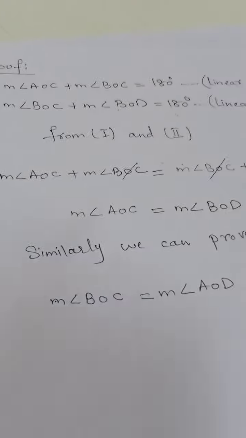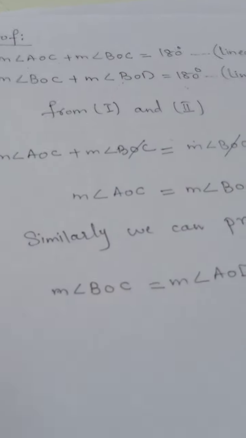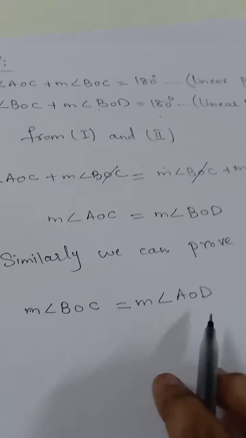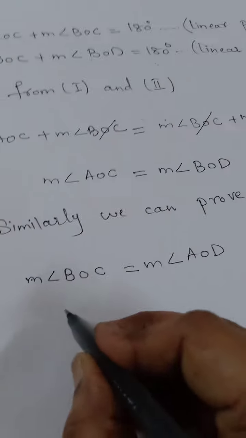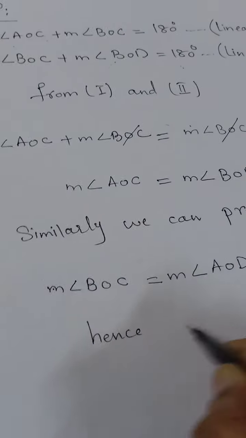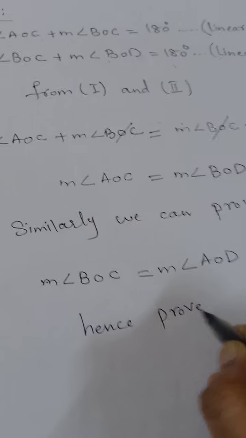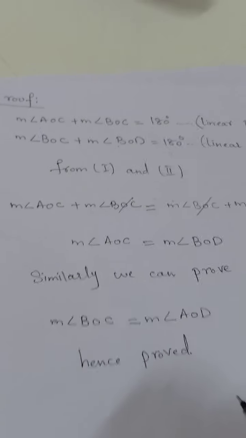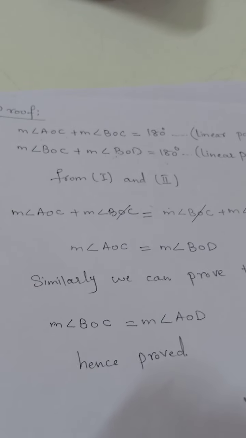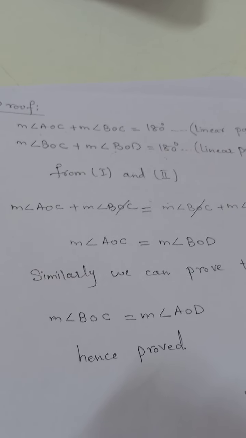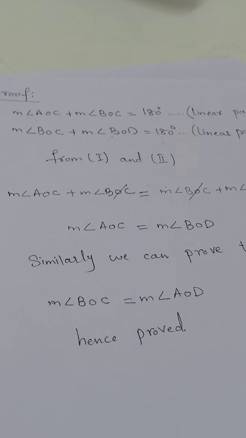This way we will complete our proof, and at the last, whenever all the steps are completed and we have got whatever we want to prove, at last we will write hence proved. That means we have proved the statement of the theorem. Our theorem is proved. So this way I have completed your first theorem of geometry. Hope you have understood it.